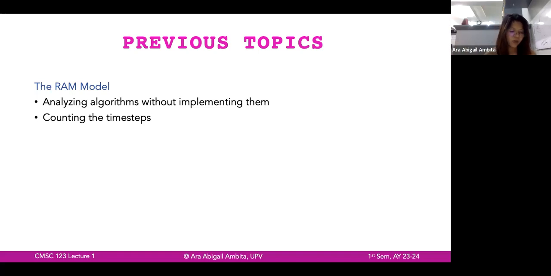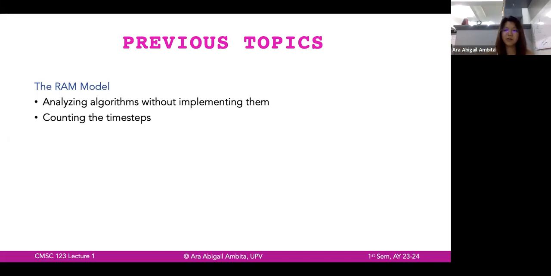So one approach to analyzing algorithms without implementing them is by using the RAM model. In the RAM model, our goal is to strip down the computer, removing the unnecessary parts to analyze the algorithm.